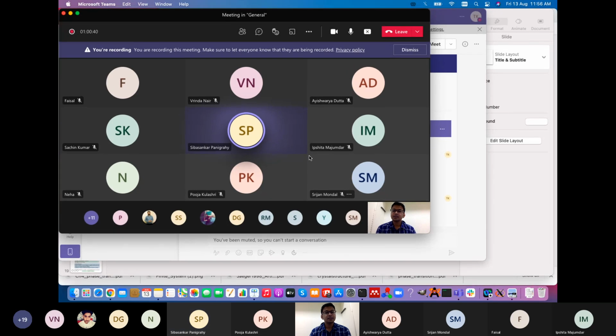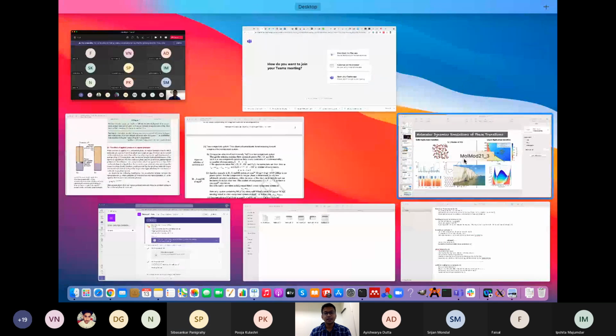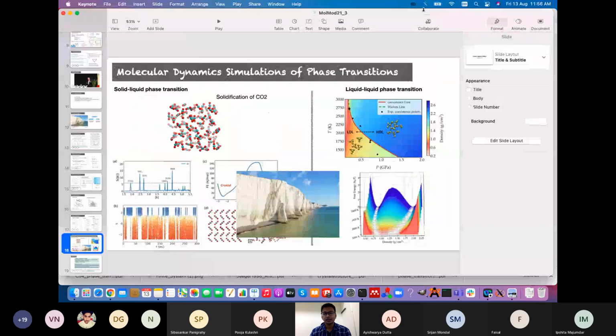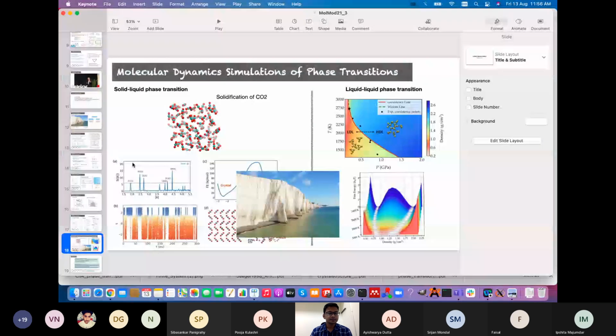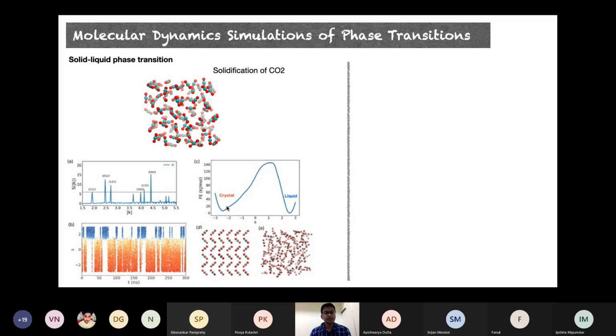No, this depends on temperature and pressure. If you are really far from the coexistence line, then maybe one phase will be much more stable than the other. The delta G will go up or down depending on the temperature.